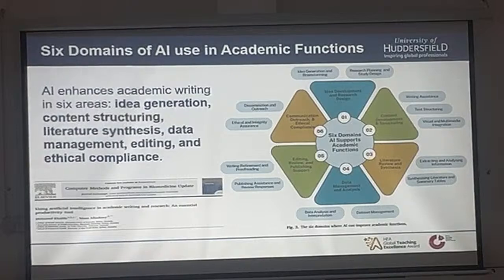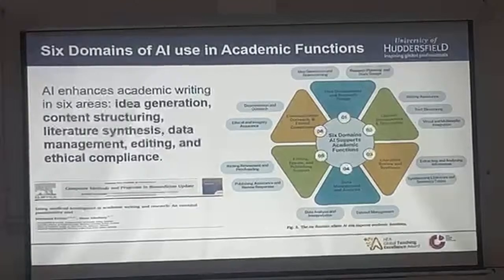What are those domains? It's mainly idea generation. If you are not sure what topics you want to explore on NCD or any other problem, you can prompt ChatGPT with a question and you might get those ideas.